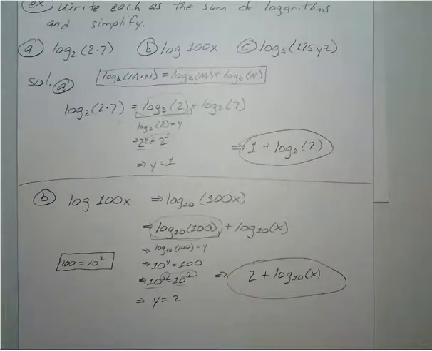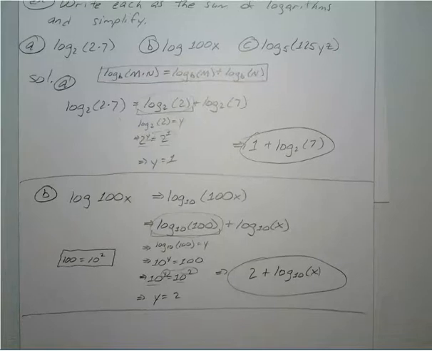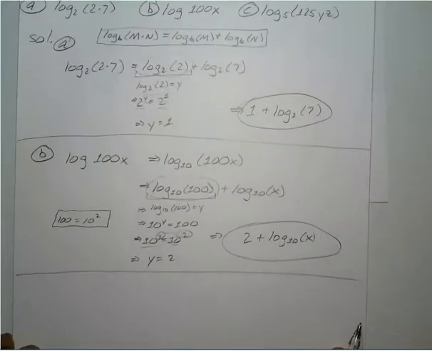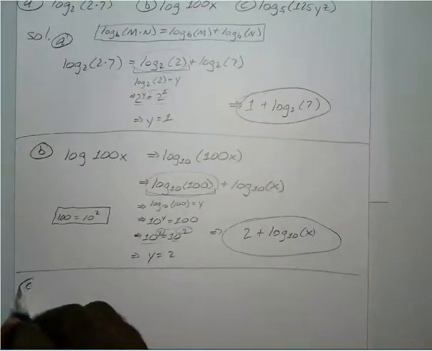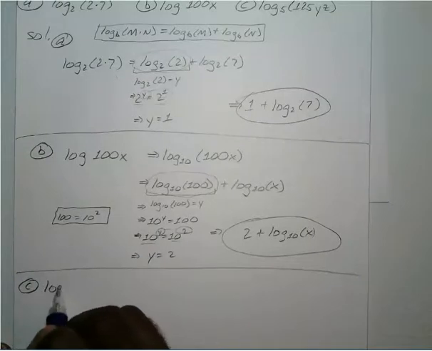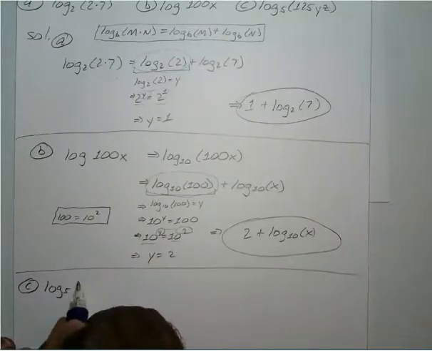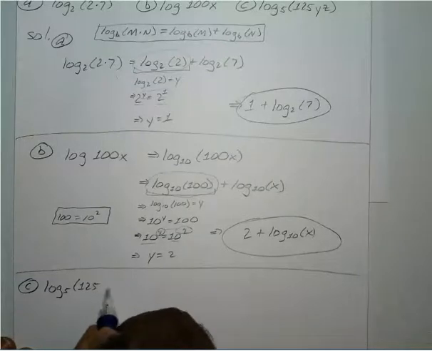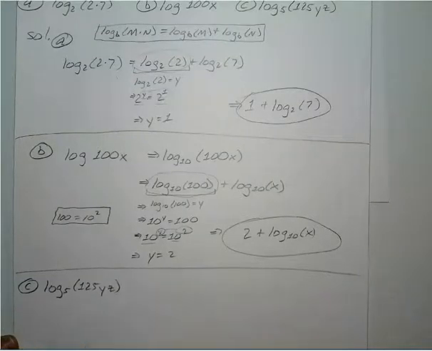Alright, so we're going to solve C using the very same method. For problem C, we have log base 5 of 125 times y times z. It doesn't matter if you have 2 factors or 3 factors, you can separate them all the same way.